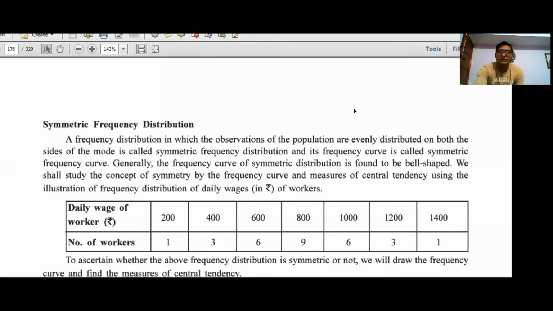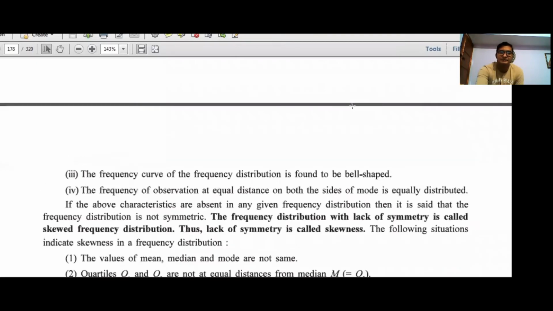And now our next topic: a frequency distribution with lack of symmetry is called a skewed frequency distribution. Lack of symmetry means this curve is not exactly evenly distributed between both sides. Okay, this is called symmetric. But here the lack of symmetry is called skewness.